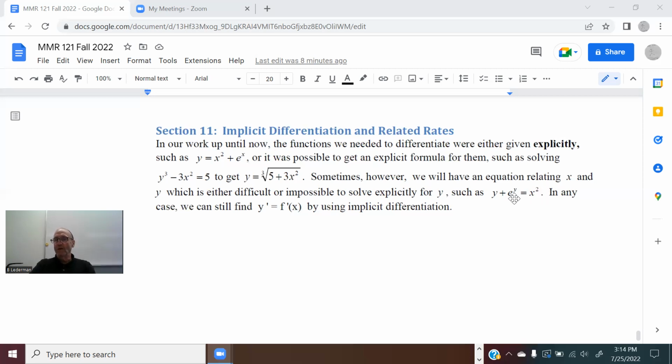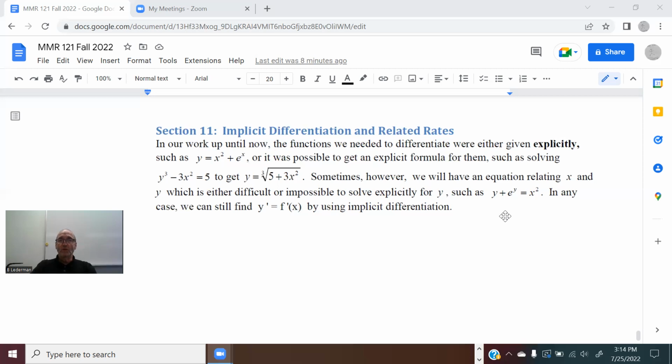But what am I going to do to e to the y? If I take the ln to get rid of the e, I still have the ln y. It's a big mess. So there's no way we're ever going to solve this explicitly for y.